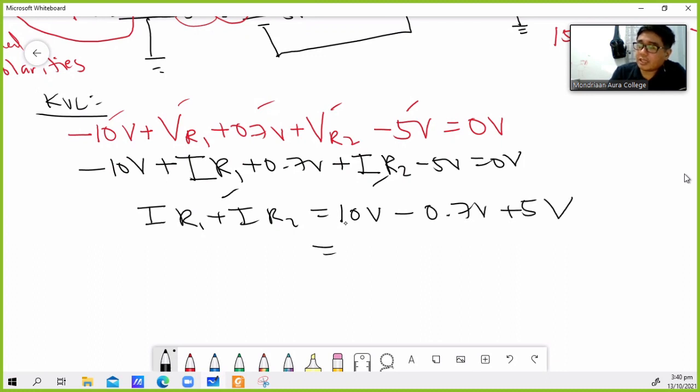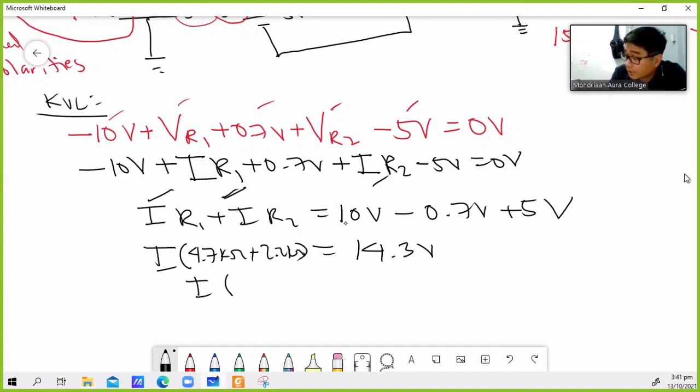So yung nasa kanan, unahin na natin. So 15 minus 0.7 is 14.3 volts. Ito, pwede natin i-factor out yung I. Okay? So we have I times, salpak na natin yung value ni R1. R1 is 4.7 kilo ohms. Ano value ni R2? 2.2 kilo ohms. So total natin, that is equal to 6.9 kilo ohms is equal to 14.3 volts.